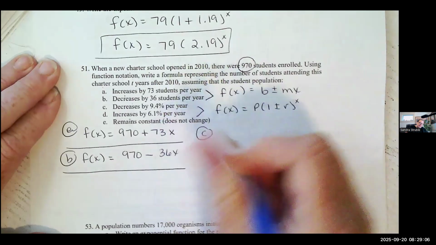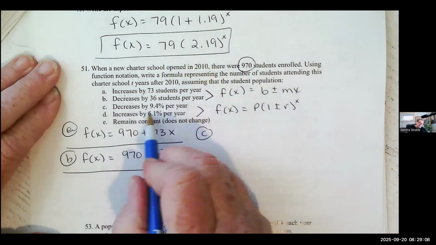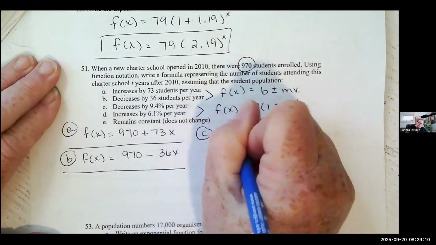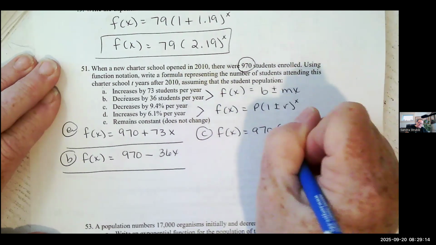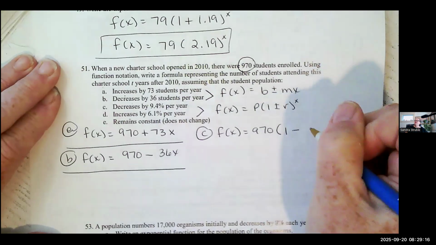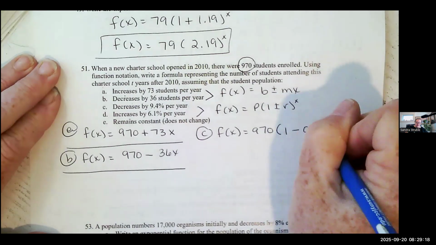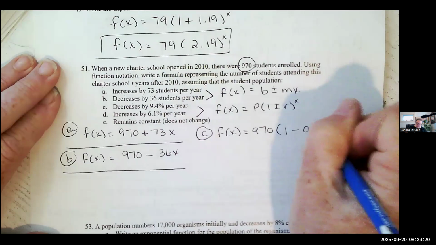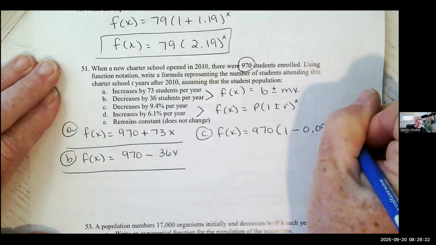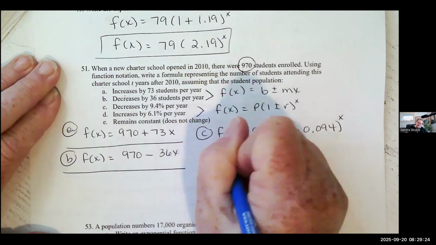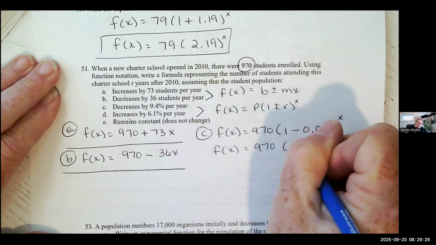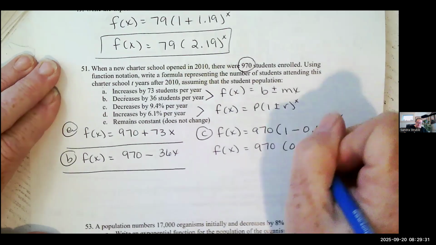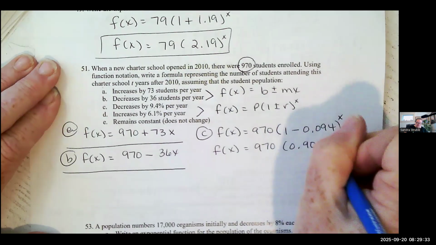C is decreases by 9.4%, so f of x is 970, parenthesis, 1 minus 9.4 divided by 100, which is 0.094, to the x because it's per year. Clean it up, simplify, 970 times 0.906 to the x.